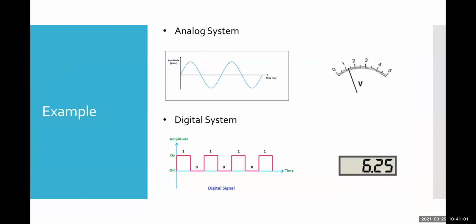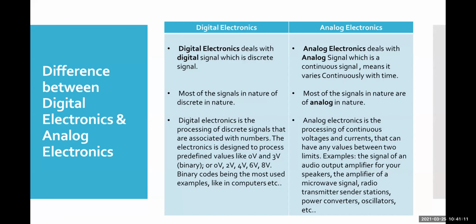So you can see here, in the analog system, signal is completely continuous up to infinite time. Suppose that if you are not stopping the signal, it will be continuous up to infinite time. So in digital electronics the nature of the signal is discrete, while in analog systems the nature of the signal is analog.